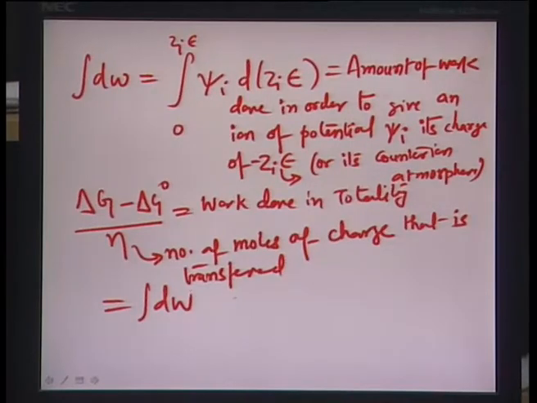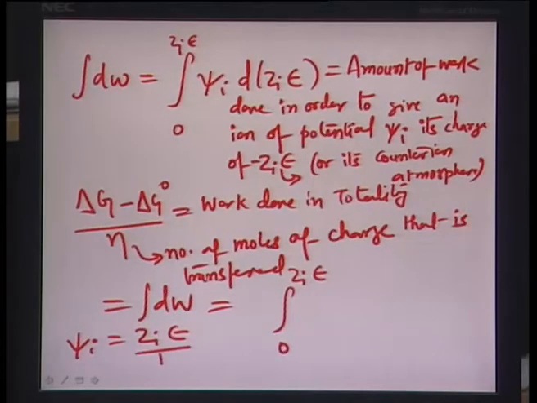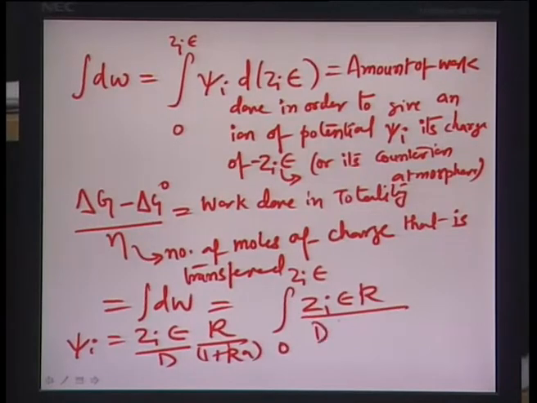So, therefore, if we evaluate this integral 0 to Zie times phi i, and phi i from earlier thought as basically the counter ion contribution part of the potential, it is Zi epsilon k divided by d times 1 plus k a, times d Zie.